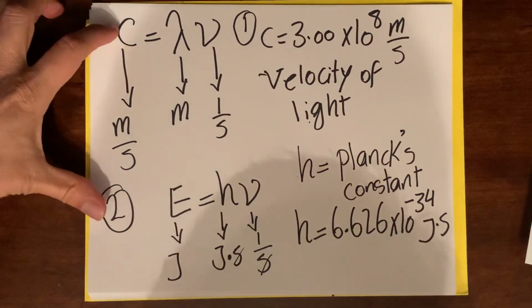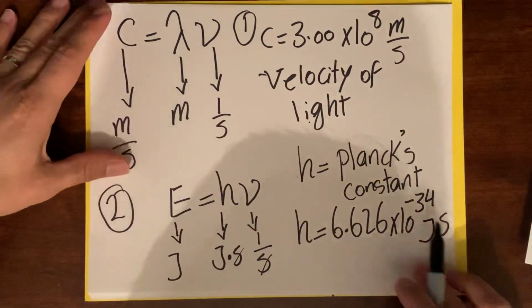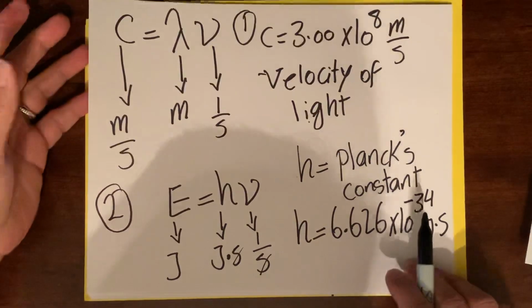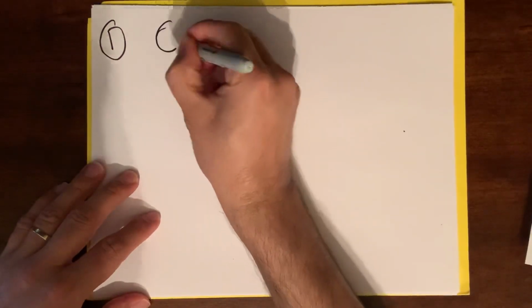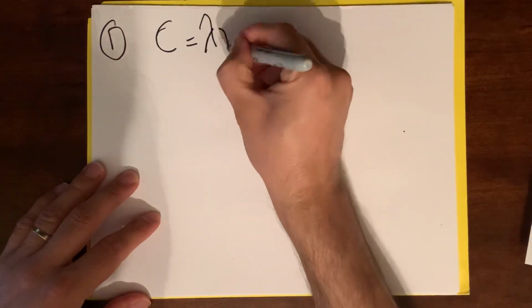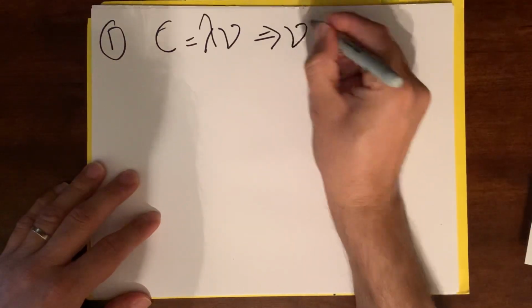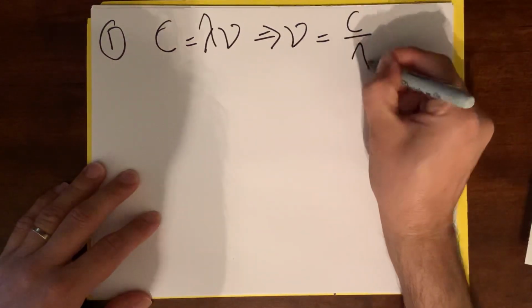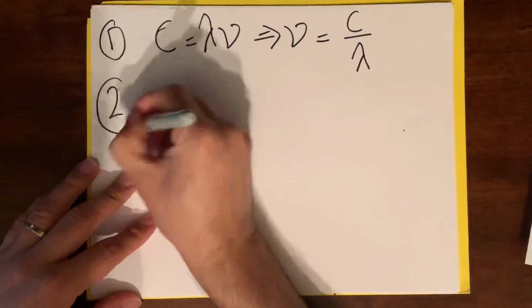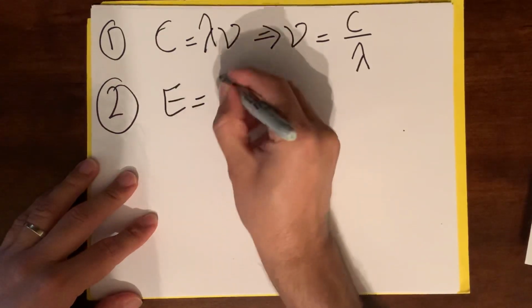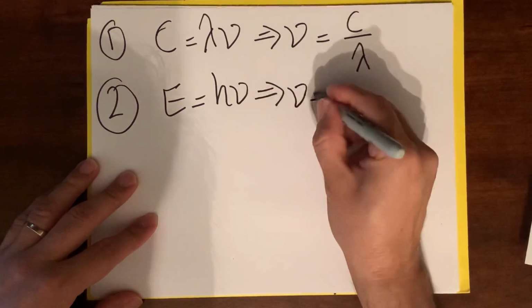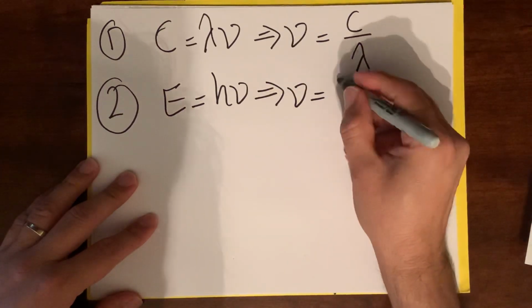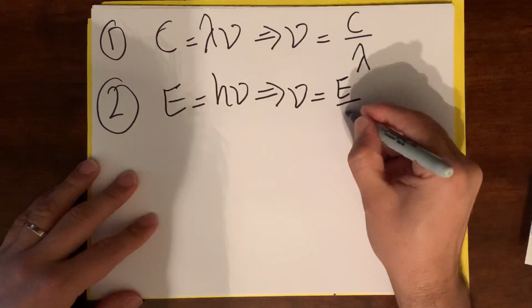If you merge 1 and 2, you get a new formula. So we have 1: C equal to lambda multiply frequency. Frequency is going to be C over lambda. And the second formula was energy is equal to h nu, so nu is going to be equal to E over h.